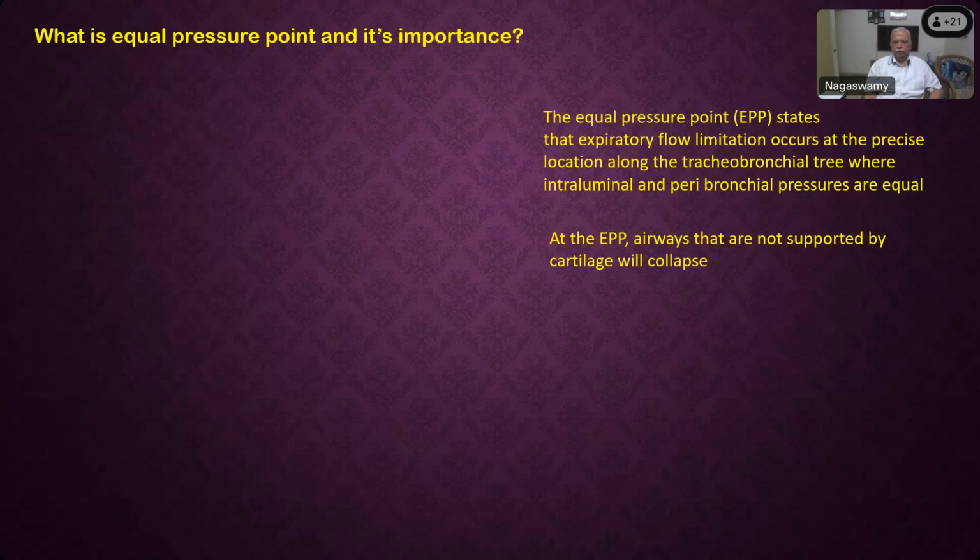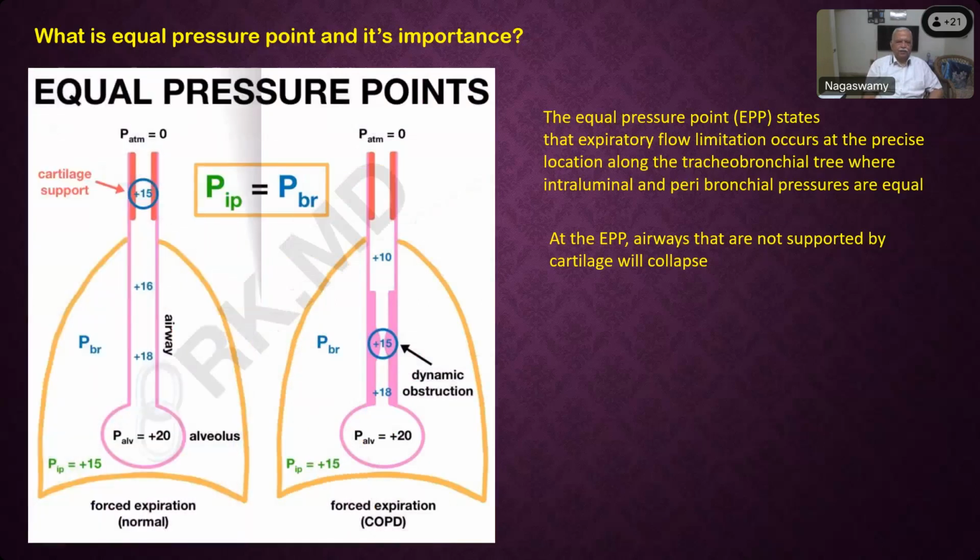Will it be outside the thorax or inside the thorax? If you see this picture, you can see this is the airway. Here it is a cartilage supported airway. In both the pictures you can see a normal person doing a forced expiration. Equal pressure point becomes more important only when you do a forced expiration.